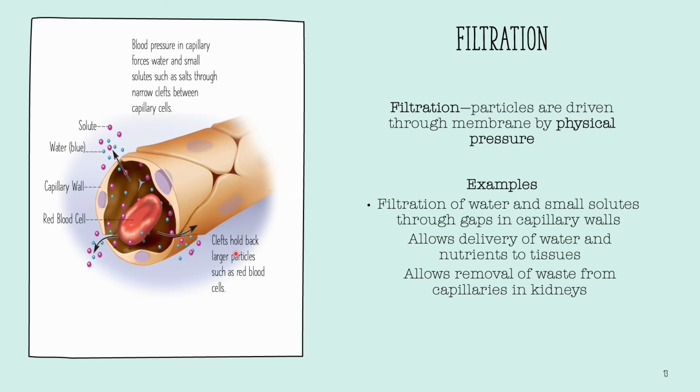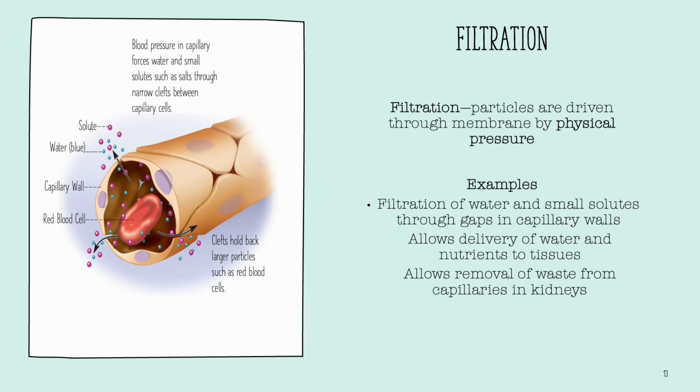So let's look. You see the picture here. You have the water, the solutes, you have the capillary wall here, but then you see the cracks here, right? And the stuff seeps through and it's distributed. Here's the red blood cell. Now, it's not going to let the blood cell go through, but it will let the water and the solutes go through.